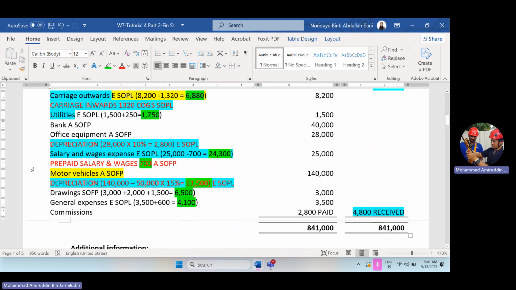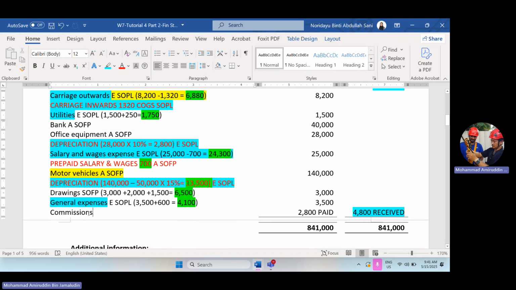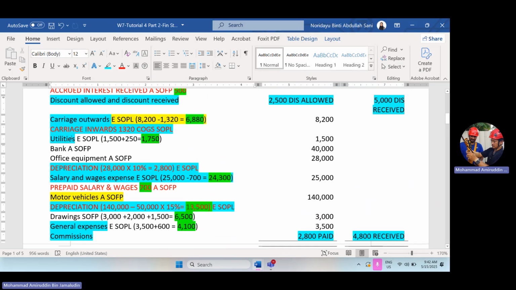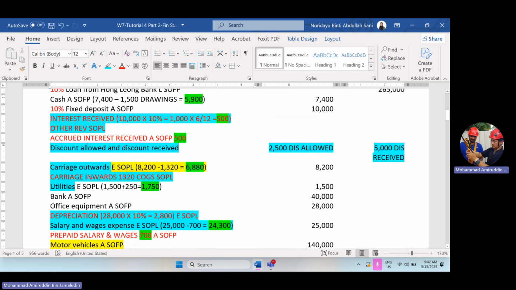General expenses. And the last one is commission paid. This one, 2,800. 1, 2, 3, 4, 5, 6, 7, 8.